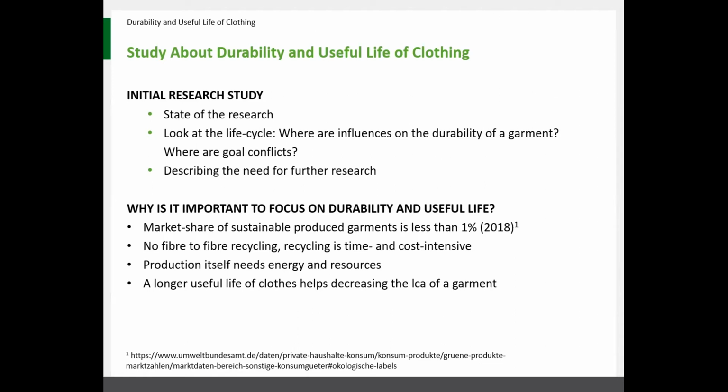We also need to strengthen the discussion about durability, longevity, useful life, less production, and alternative business models. Because first of all, sustainably produced garments have a very low market share of less than 1%. So it will take a very long time until we have a relevant change here.